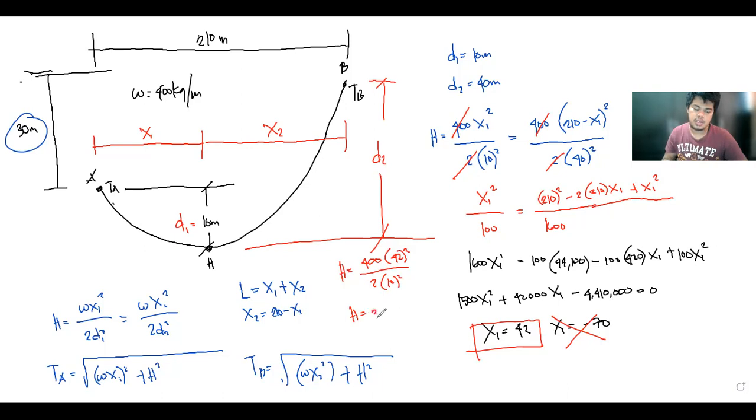So H is 3,528 kilograms. We do not use these formulas because we are not being asked for the tension. But if ever, you just need to recall these formulas and then use them to calculate the tension. Okay, so we have the answer. Let me check. 3,528.